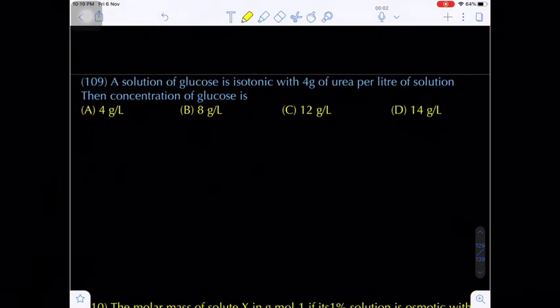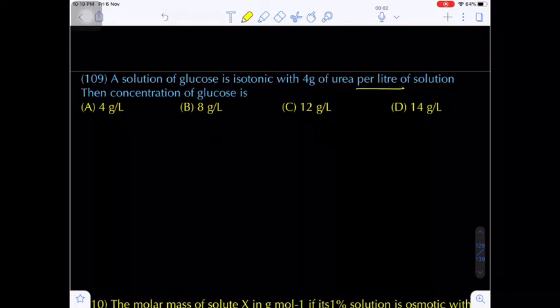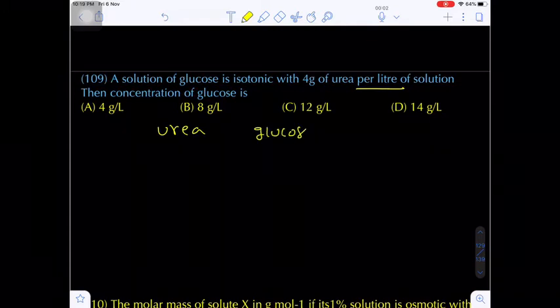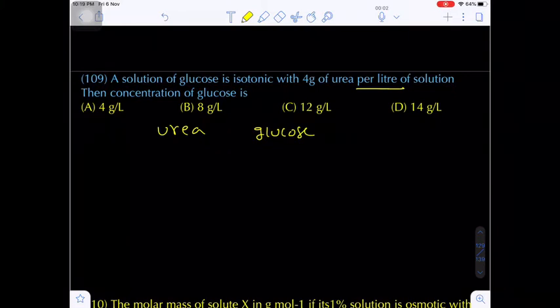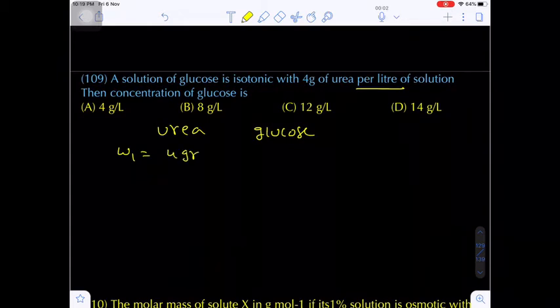Now, question number 109. A solution of glucose is isotonic with urea per liter of the solution. That means you have one solution of urea and one solution of glucose. Yes or no? You have two solutions. Urea weight is given as 4 grams.